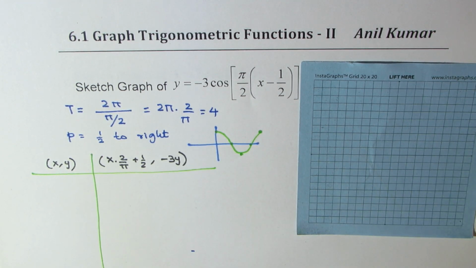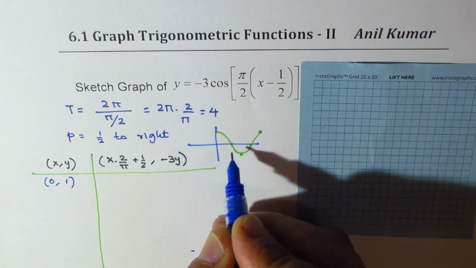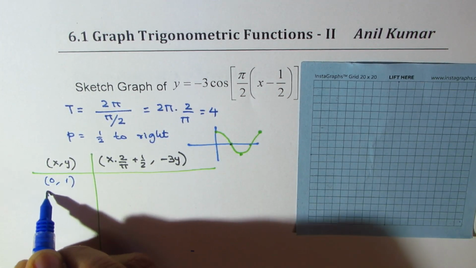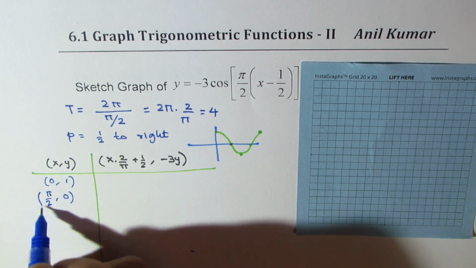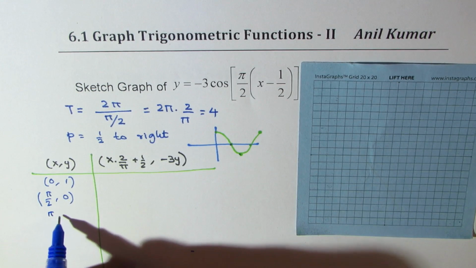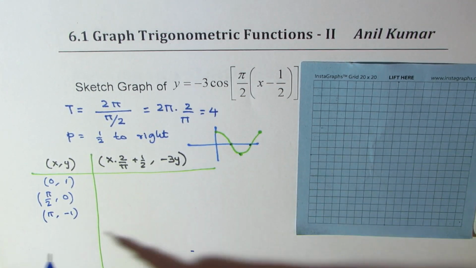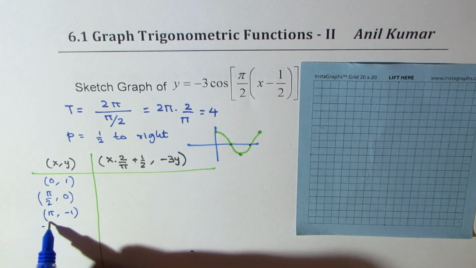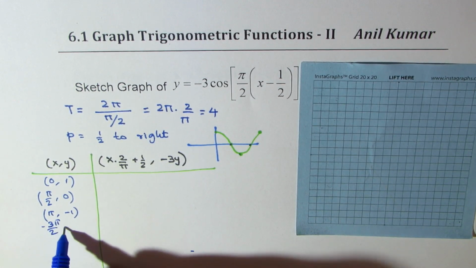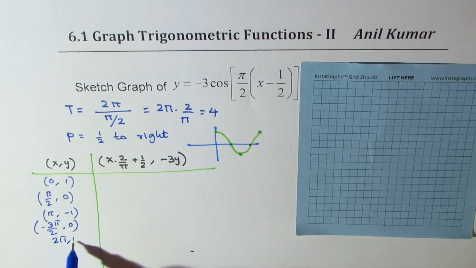These 5 points include (0, 1), then we have (pi by 2, 0), (pi, minus 1), (3 pi by 2, 0), and then we have (2 pi, 1), correct? So these are the points.